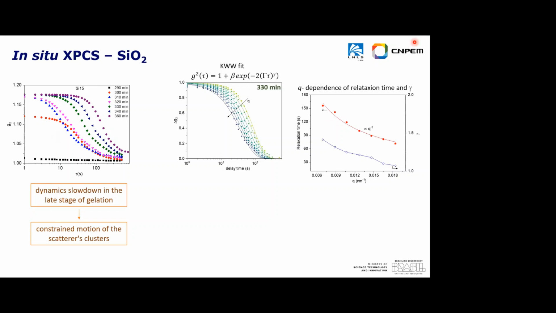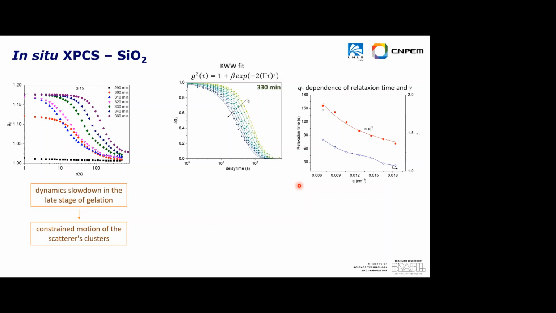Here I selected one curve, this one at 330 minutes. And as we have this 2D detector, we have the information in a large area. So we actually choose different Q vectors to analyze the sample. We can get interesting information when we fit these results and obtain the gamma exponents and the relaxation times, and we observe the Q dependence of the relaxation times and the gamma.